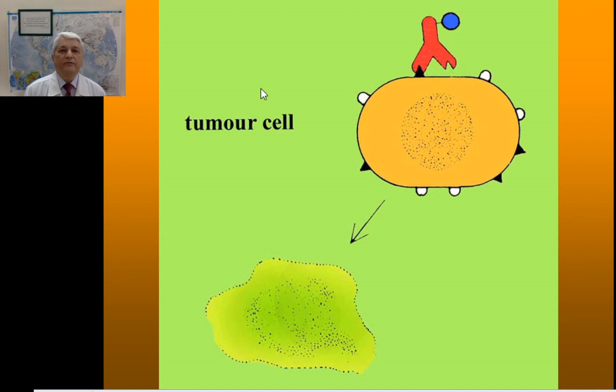So now we have great progress in this technique, and I hope that in some decades very many malignant tumors can be treated by different types of the molecules made on the base of monoclonal antibodies.